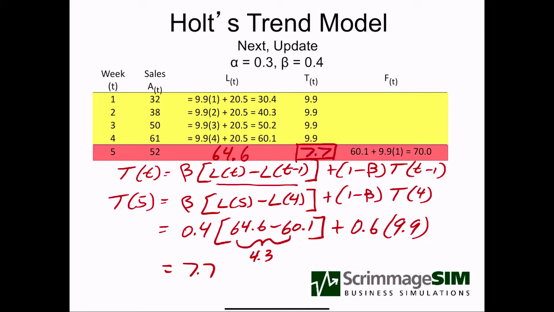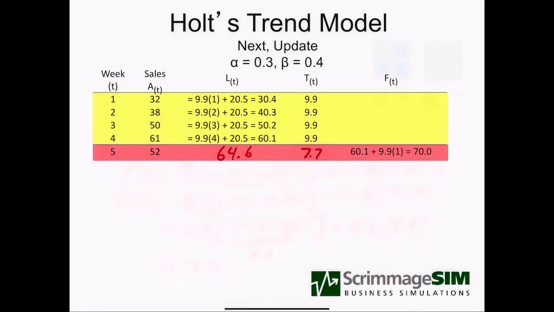Now, with new parameters, we can forecast sales in period 6 and beyond. Again, the formula for the Holts model forecast is that the forecast in period t plus 1 is equal to the level in period t plus the trend in period t.